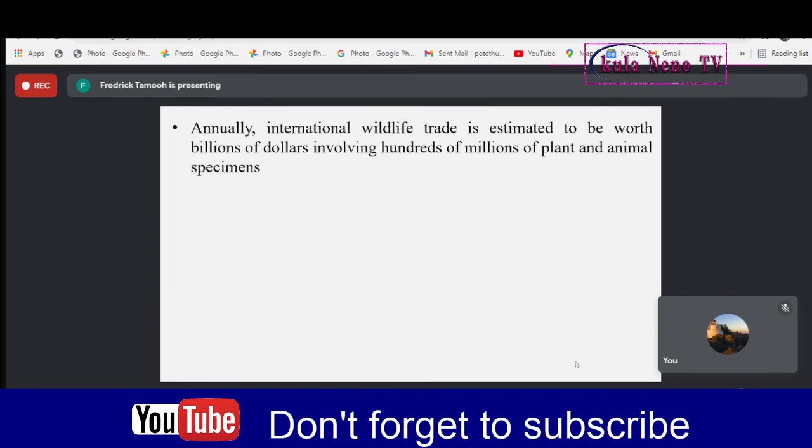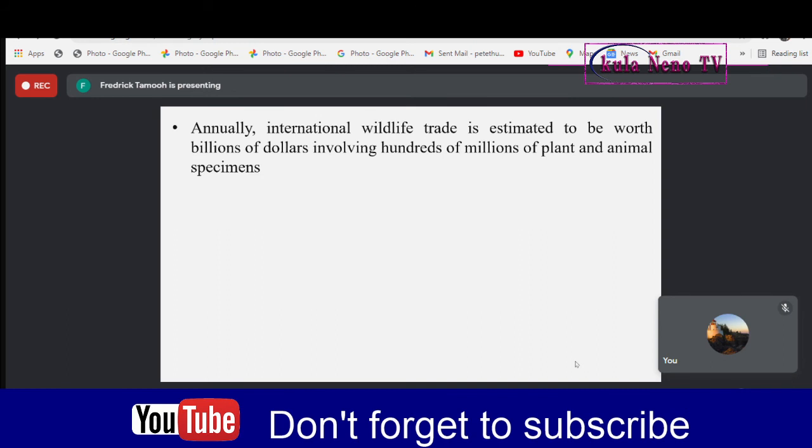Annually, we are losing a lot of wildlife, and international trade is estimated to be worth billions of dollars, involving hundreds of plants. We all know that there are so many species that are considered endangered, and so many species engaged in trade.